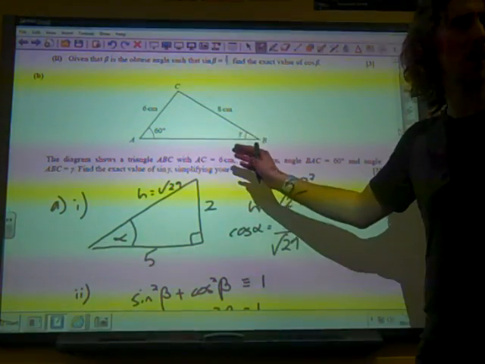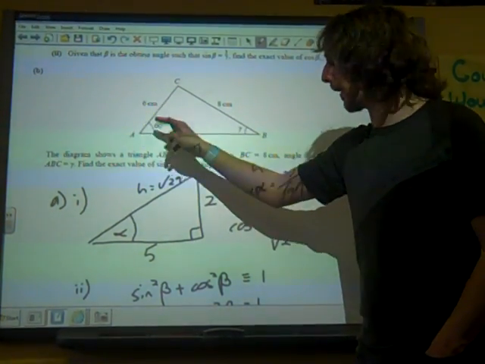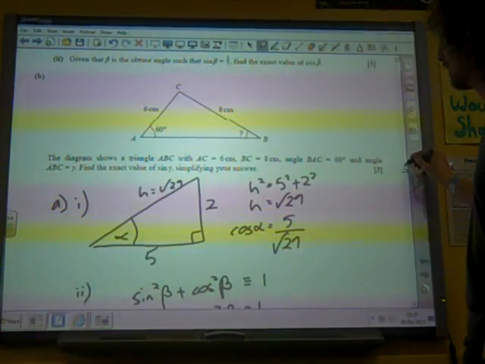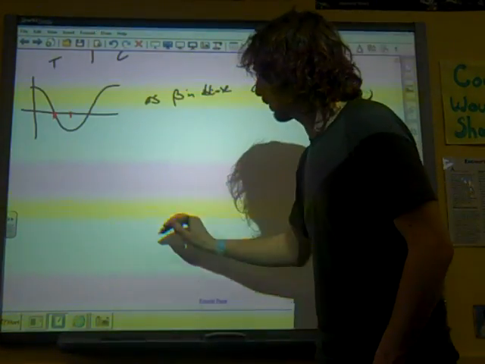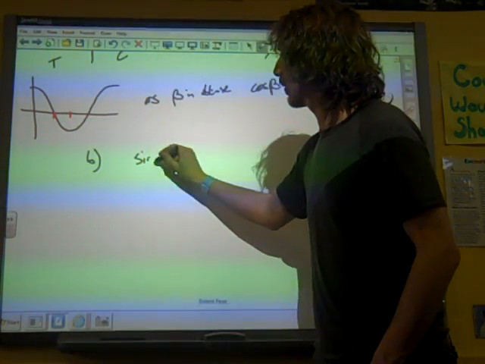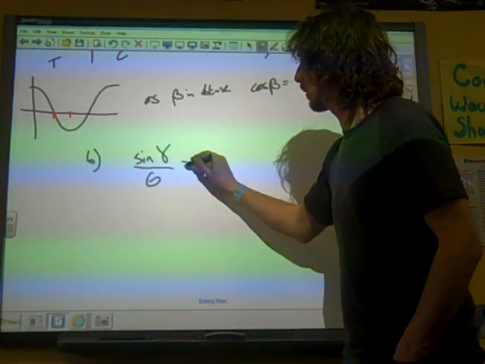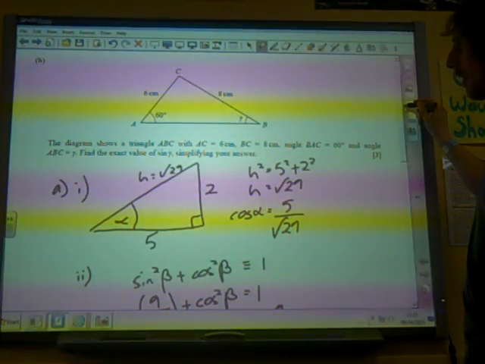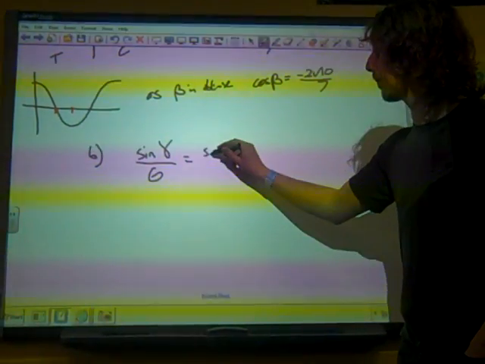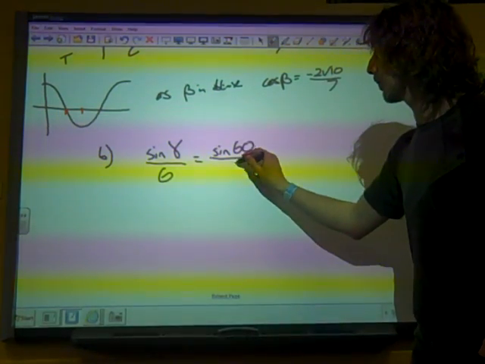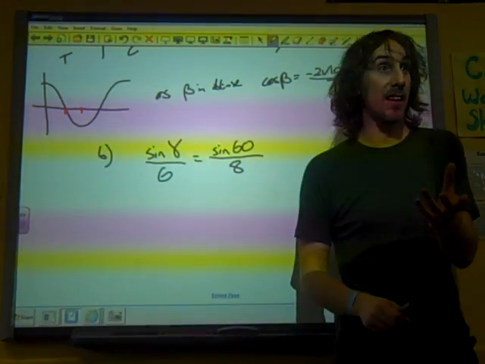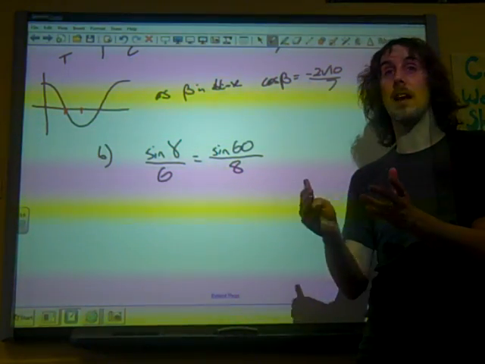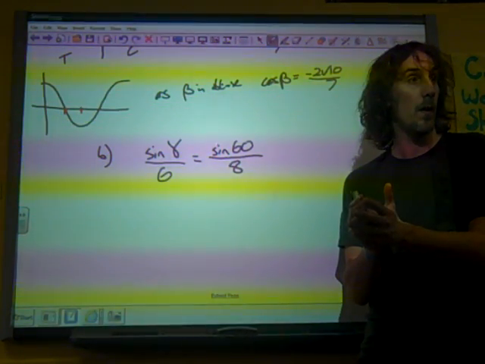Because we've got the angle and the side opposite it, so sine gamma over 6 is equal to sine 60 over 8. And we want this exactly, so this is where you need to be able to get sine 60 as an exact value.